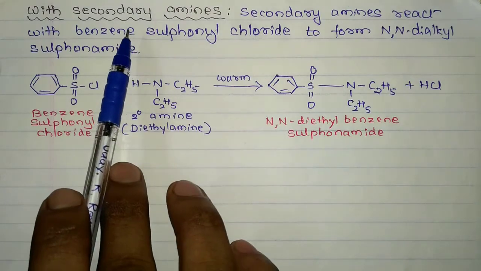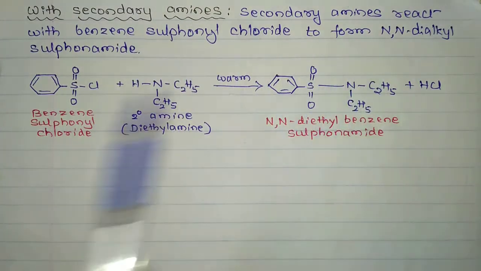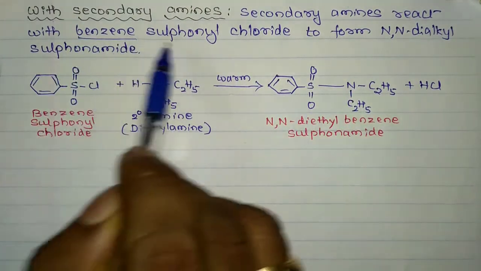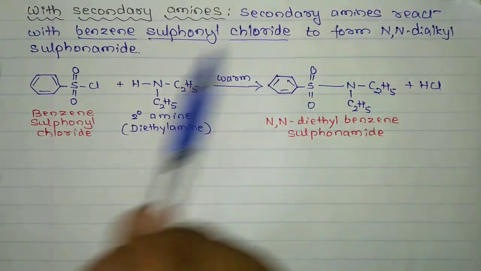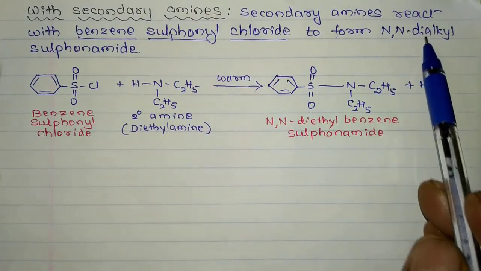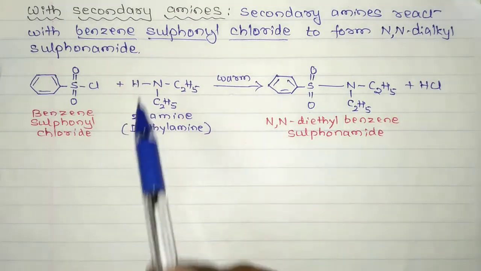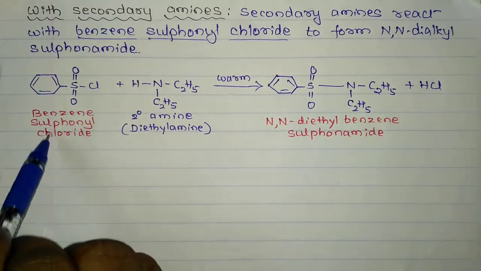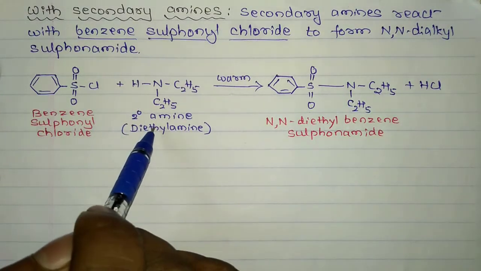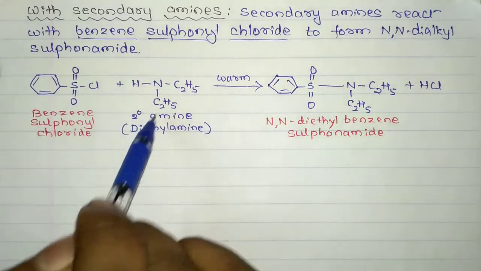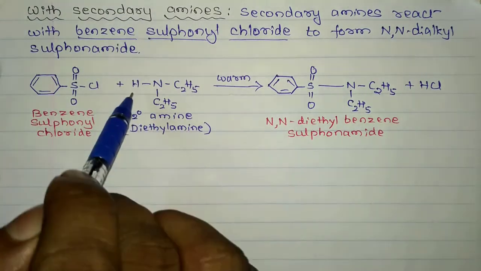Reaction with the secondary amines. Secondary amines react with benzene sulfonyl chloride to form N,N-dialkyl sulfonamide. Here, this is benzene sulfonyl chloride, this is a secondary amine, diethylamine.